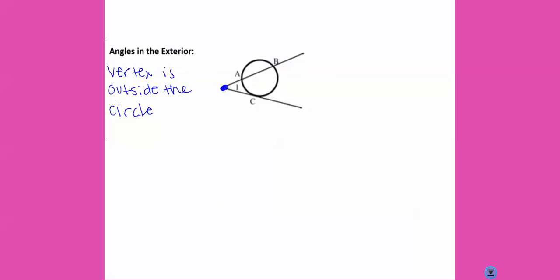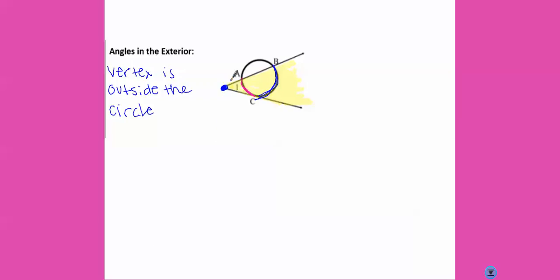So if we highlight the arcs that it intersects by lighting up the angle, it intersects the big arc BC, and it also intersects the small arc AC.